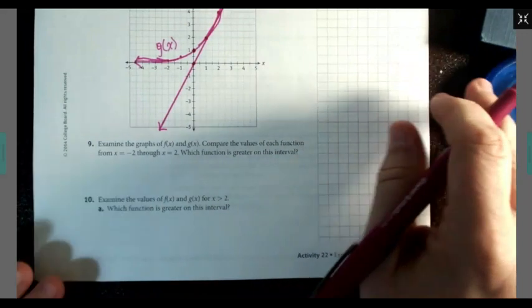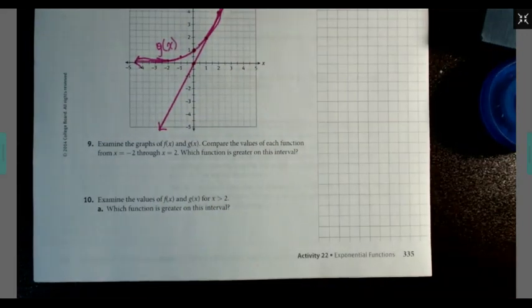All right, number 9. Examine the graphs f of x and g of x. Compare the values of each function from -2 through 2. Which function is greater on this interval?